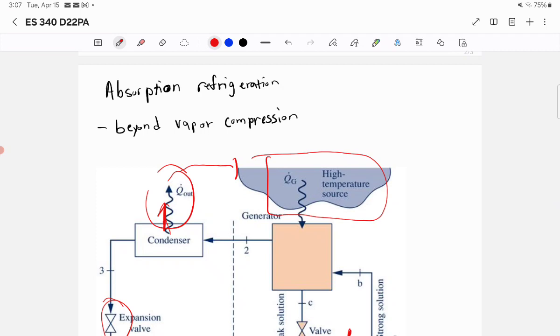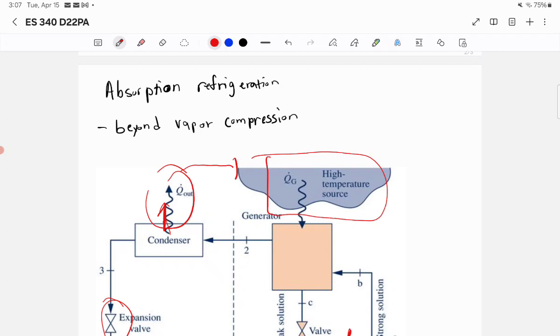So instead of exhausting that heat off into the environment, maybe you exhaust it back into the system somehow, so that it can help produce the high temperature source. The high temperature source generally also needs some kind of input on its own.